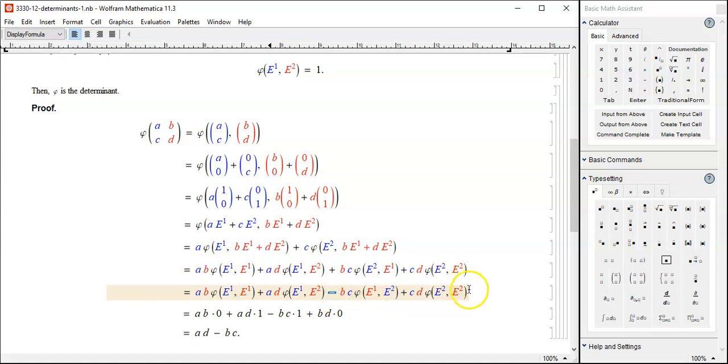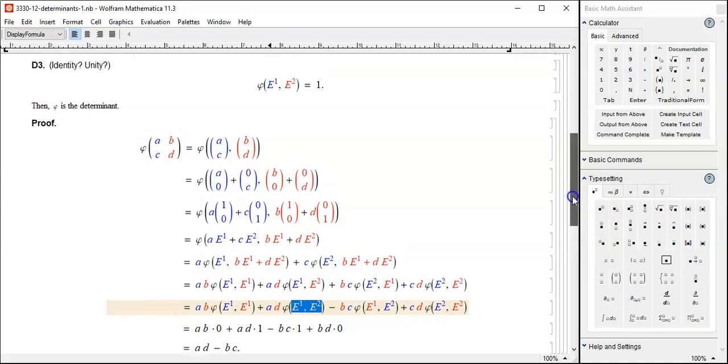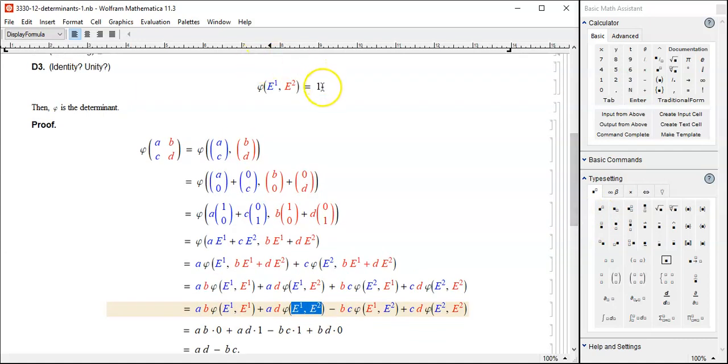Alright, how about the others? Well, E1, E1, two identical columns, so that is 0. E2, E2, two identical columns, so that is 0. And then what about E1, E2? That gives me the identity matrix, so the value is 1.